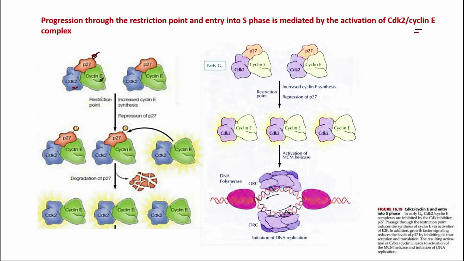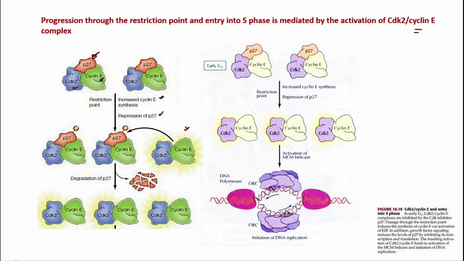Or we can say that during the restriction point, P27 blocks MPF from working. So when there is synthesis of cyclin E, there is repression of P27. What does cyclin E do? It helps in the phosphorylation of P27, due to which there is degradation of P27. Now CDK2 and cyclin E are free, so they activate all the things required for the S phase transition.